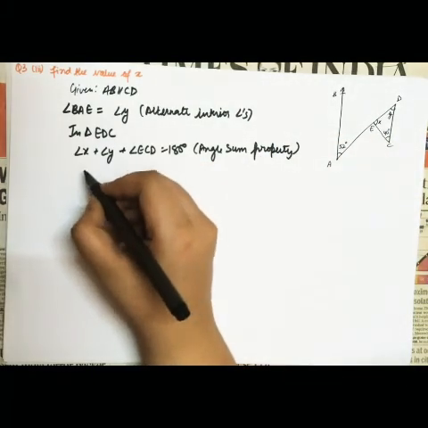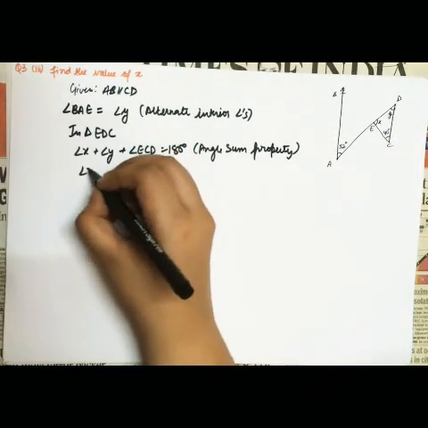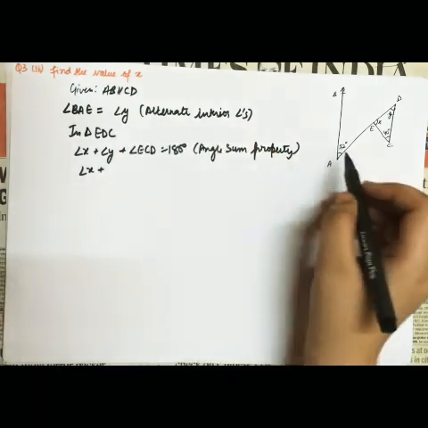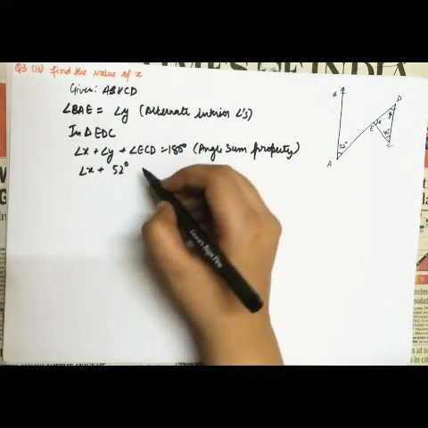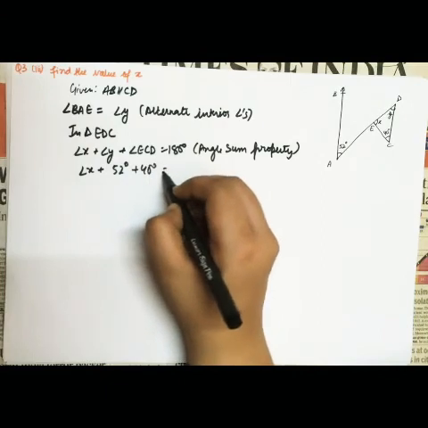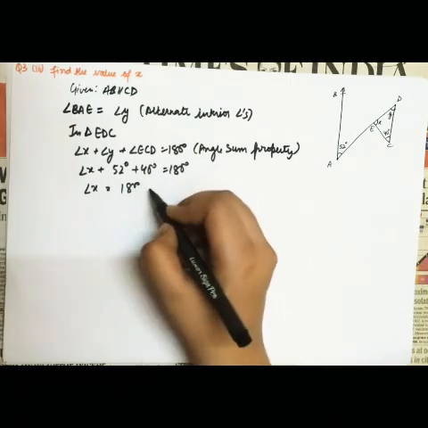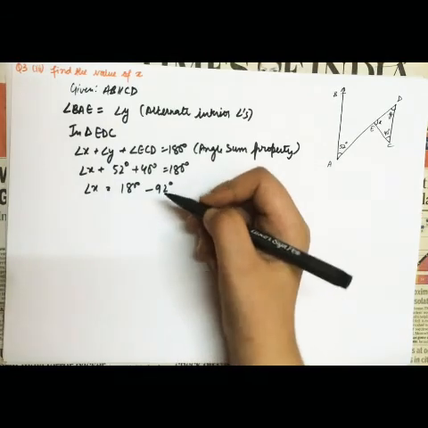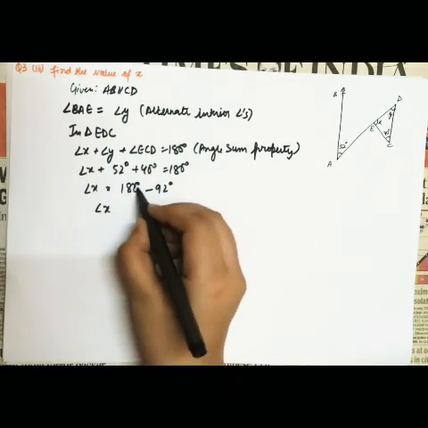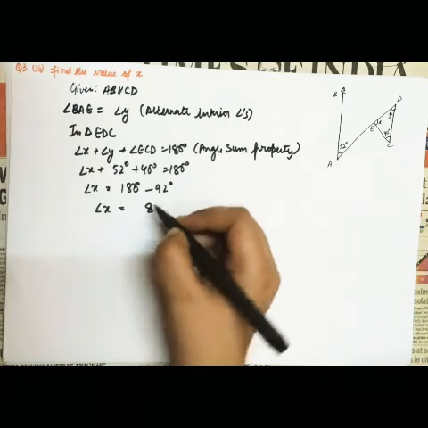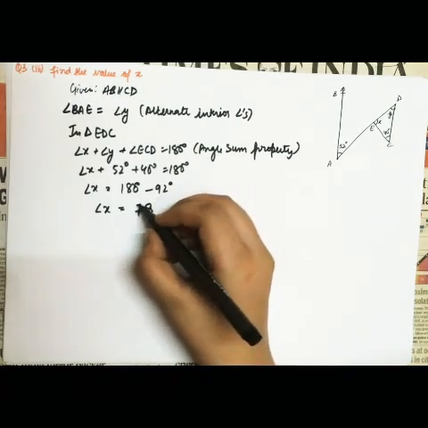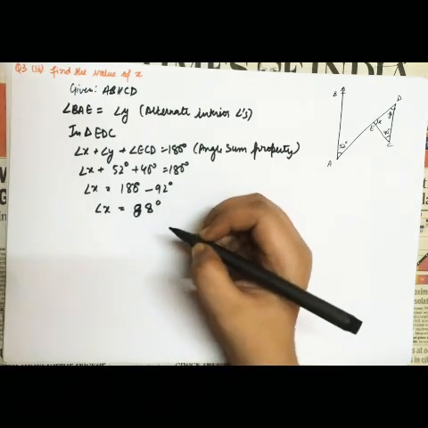Angle Y is 52 degree and angle ECD is 40 degree. So now angle X is equal to 180 degree minus 92 degree. Angle X is equal to 88 degree.